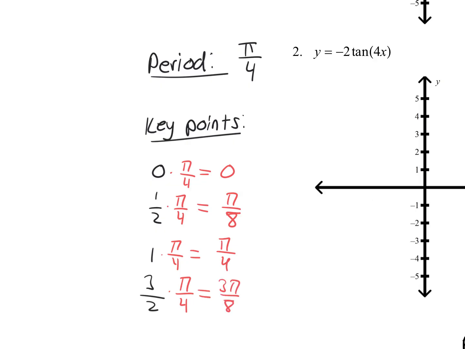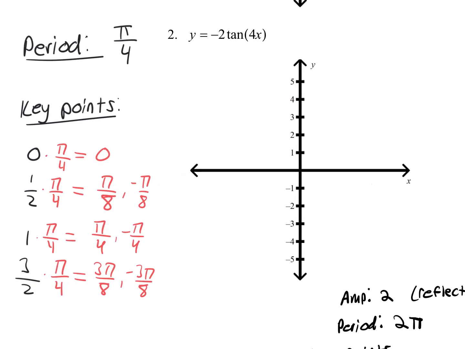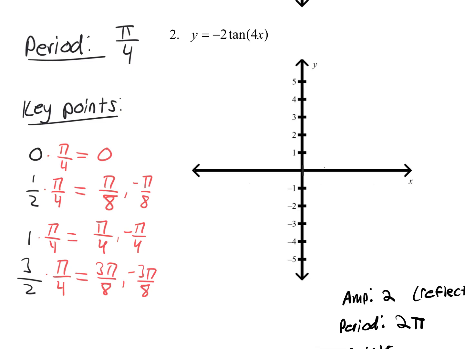I also want the negative ones as well: negative pi over 8, negative pi over 4, and negative 3 pi over 8. That's really all we need to plot on a graph. So let's plot 0, pi over 8, pi over 4, and 3 pi over 8, and negative pi over 8, negative pi over 4, and negative 3 pi over 8.